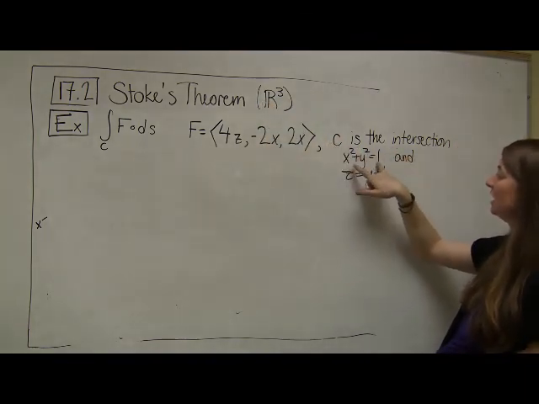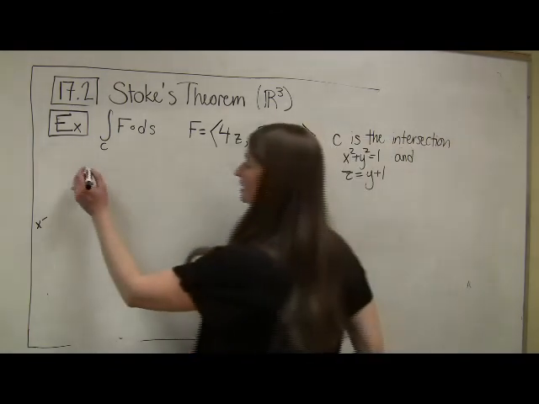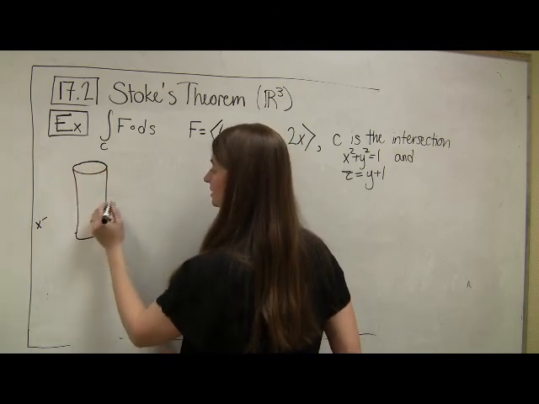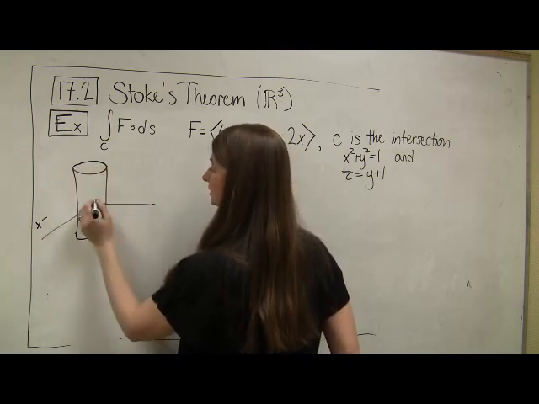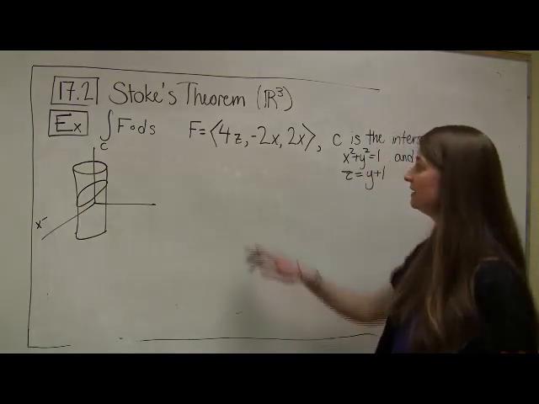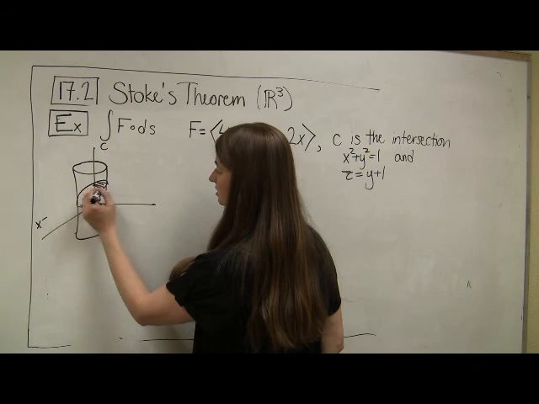It's the intersection of our cylinder and the plane. And if we recall our picture from before, the intersection of our cylinder and the plane gave us this circular region like this. And now, instead of computing it as a line integral along that path, we're going to consider this a surface.